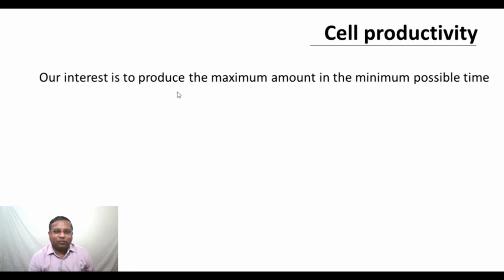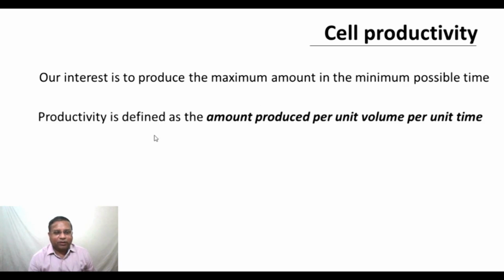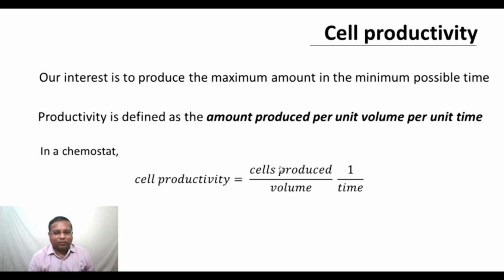Our interest, usually the general interest from an industry, is to produce the maximum amount in the minimum possible time. The productivity is defined for that purpose. It is the amount produced per unit volume per unit time. In a chemostat, the cell productivity is therefore the amount of cells produced per unit volume per unit time, if these cells happen to be the product.